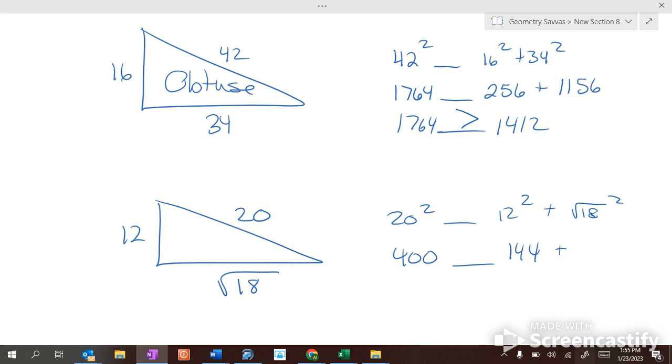What's the square root of 18 squared? 18. When you square a square root, you get what's underneath it. Okay? This one is obviously obtuse. Okay? All right. So, yeah.